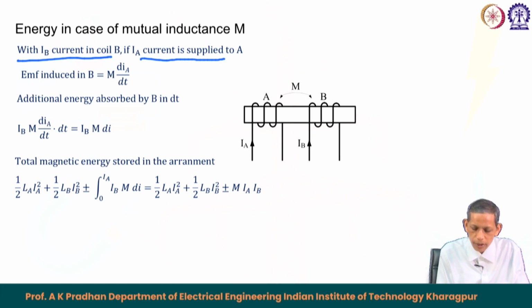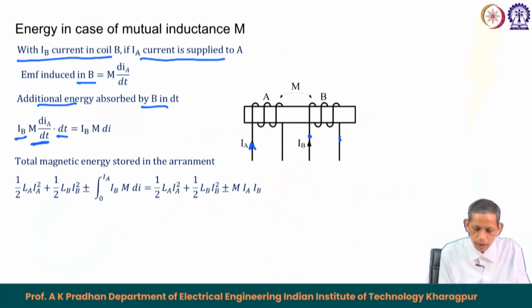So, the additional EMF induced in B due to the current injection in A will be M di upon dt, because they have mutual inductance M. So, the additional energy absorbed by B due to this current injection in A will be equal to E times the injected current. So, that becomes I B into the induced EMF developed, into the time interval dt, which is the energy associated in a time interval of dt. So, that becomes I B M into dI.